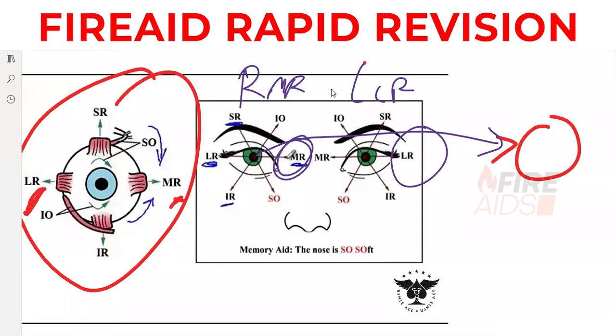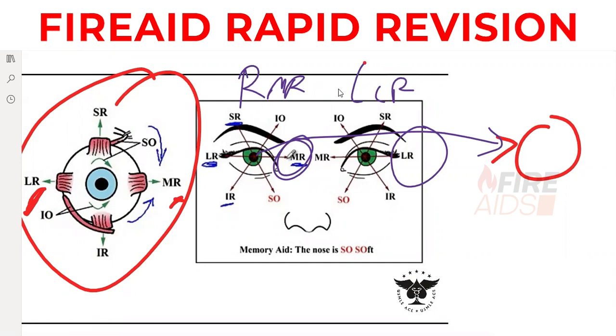It might look very simple now because you have a picture in front of you. In exam, you are not going to have a picture. They will simply say a person standing in front of you has to look over his left side, which muscles are going to act.